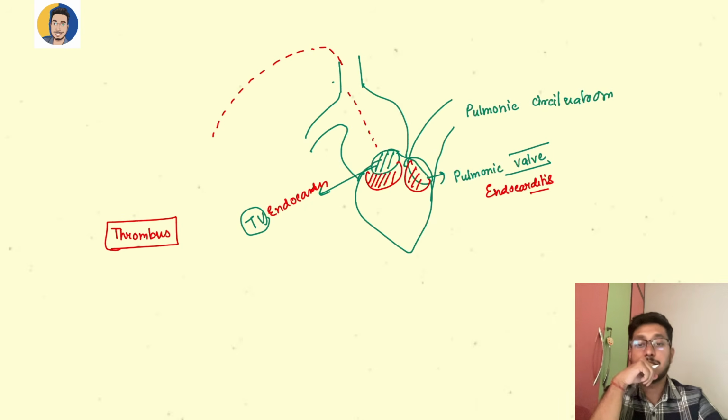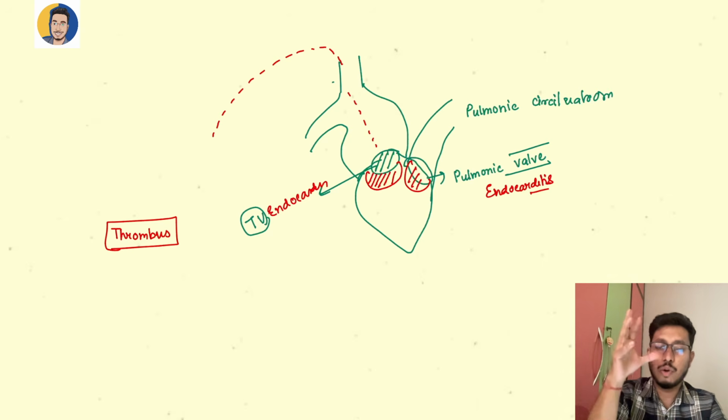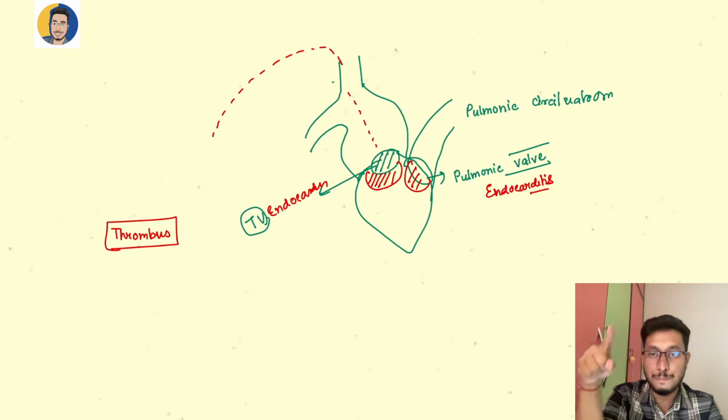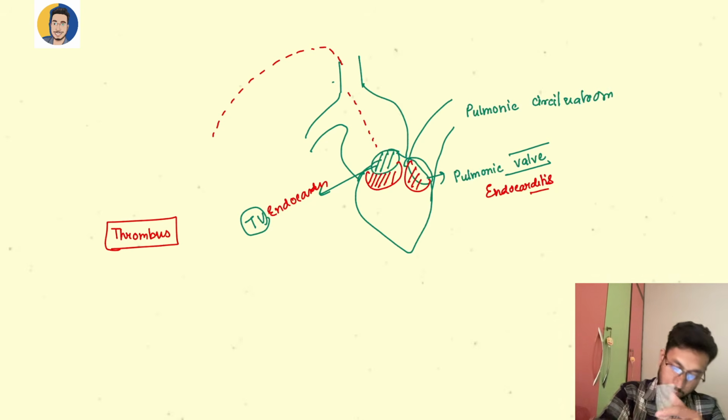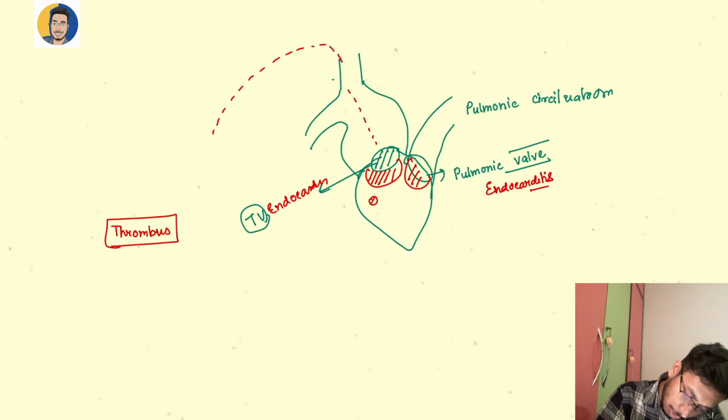Now, what happens when the heart is circulating? When the heart is pumping, there is a high chance some of these thrombi will get dislodged and follow the same pathway of the blood flow. Some part of the clot will embolize with the pumping action of the heart, and it will trace the same blood flow, from the tricuspid valve to the pulmonic valve to the pulmonic circulation.